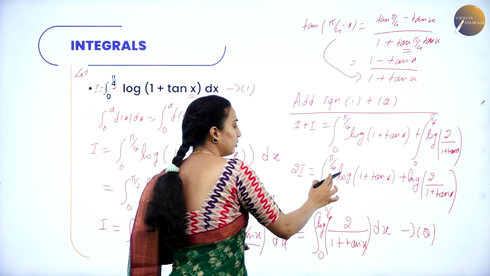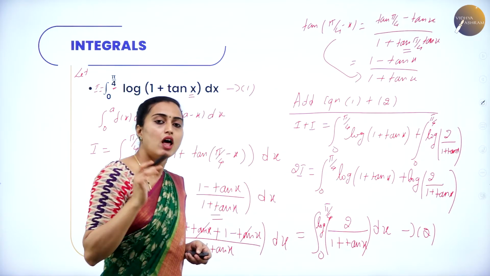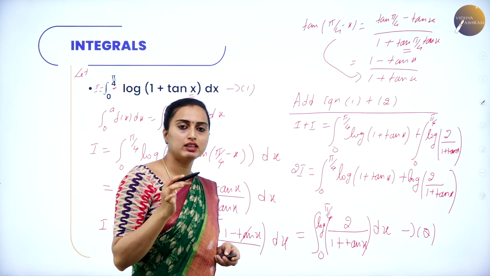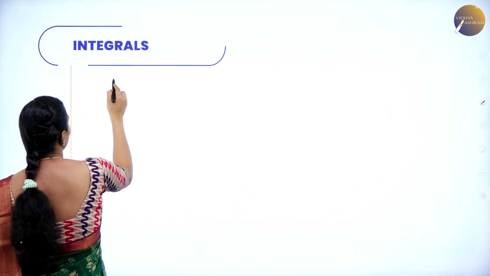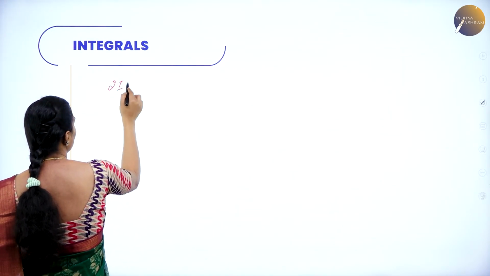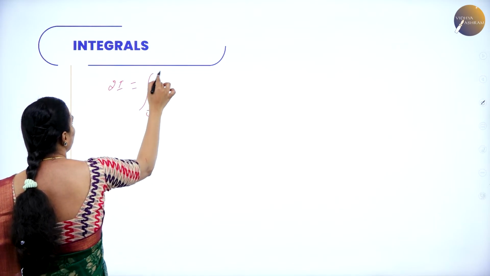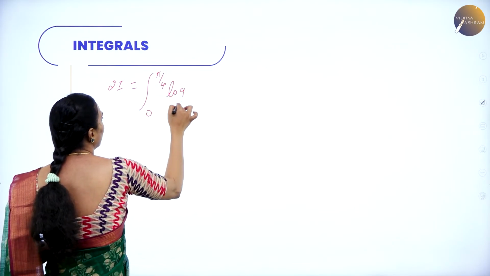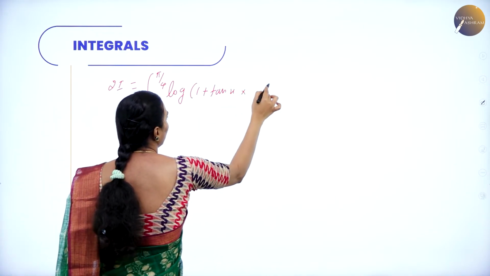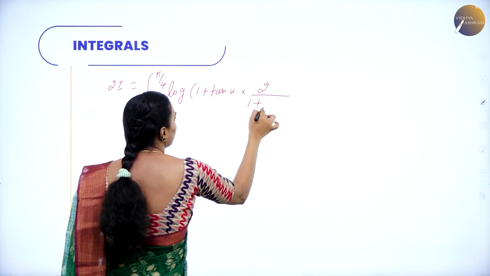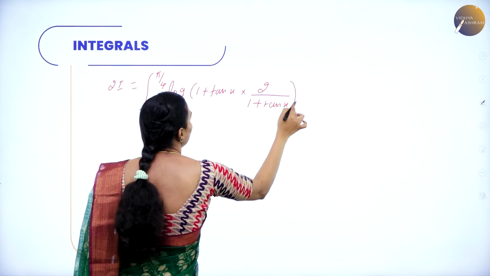So this is according to log m plus log n, which is nothing but log of m into n. So accordingly, we can write this as 2I is equal to integral 0 to pi by 4 log of m into n, 1 plus tan x into 2 divided by 1 plus tan x, dx.